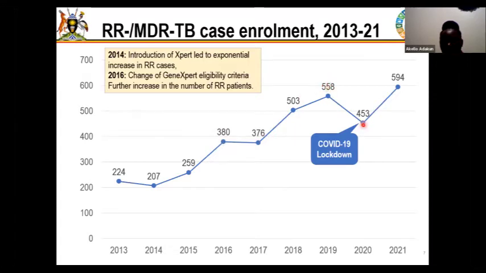And then when COVID struck in 2020, there was a hiccup in lockdown because there was lack of transportation, and patients couldn't access services. But we have managed to live with COVID with resilience, and our numbers are picking up again.